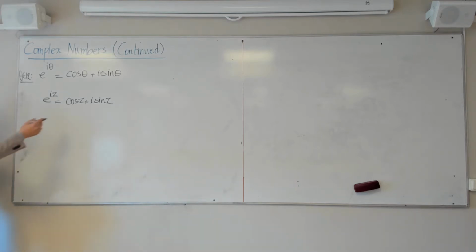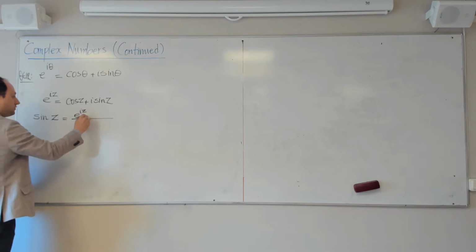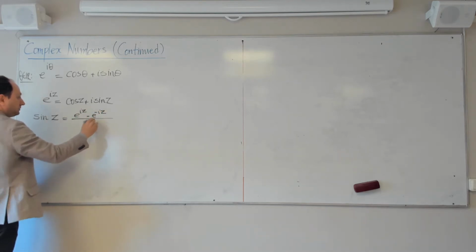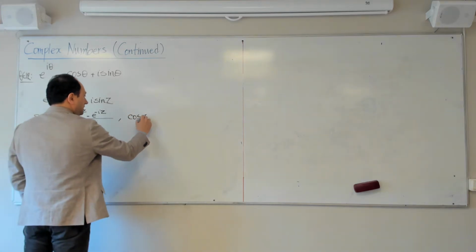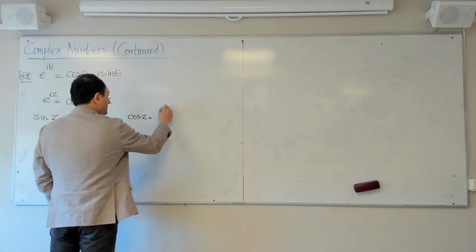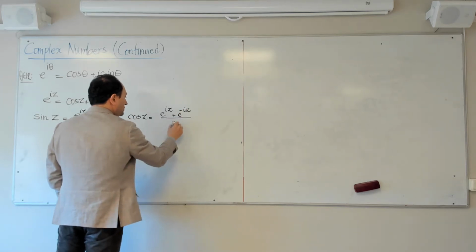And then we came up with this answer, if you remember. If you have forgotten, you can go and watch the video. But we came up with this definition, even though it is weird, but it is good because, let me write the definition here for you. It was this formula: sine z is e to the power iz minus e to the power minus iz divided by 2i, and cosine z I defined as e to the power iz plus e to the power minus iz divided by 2.